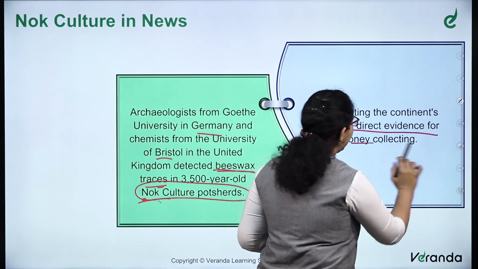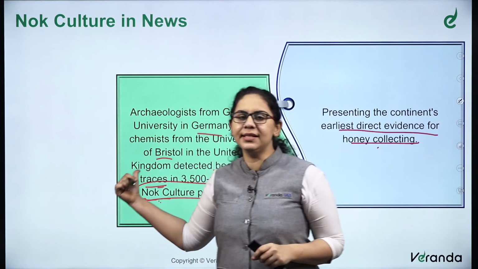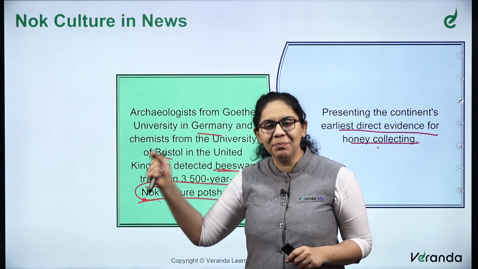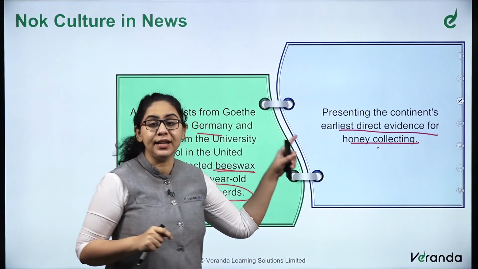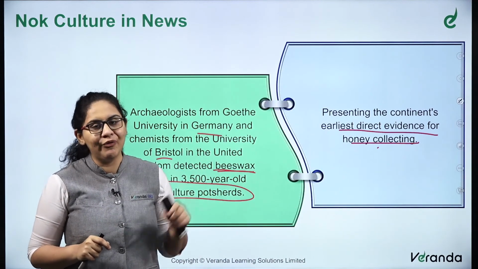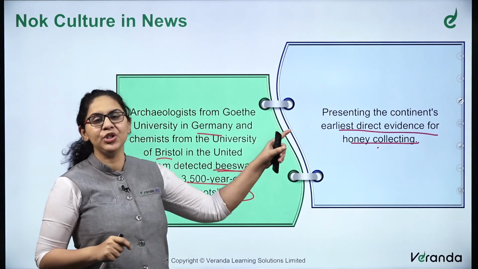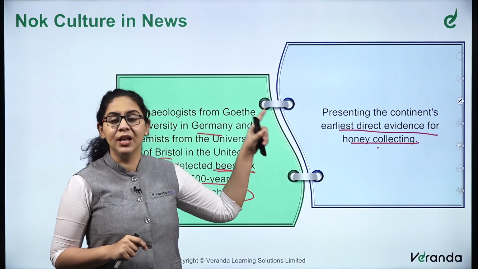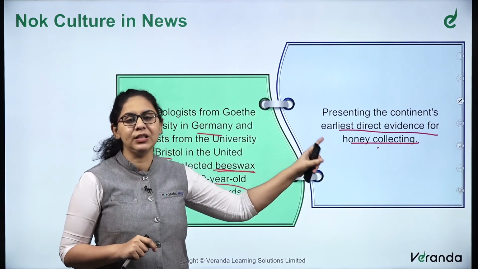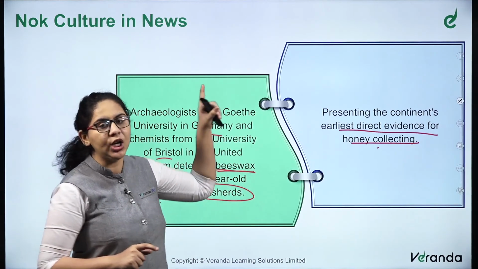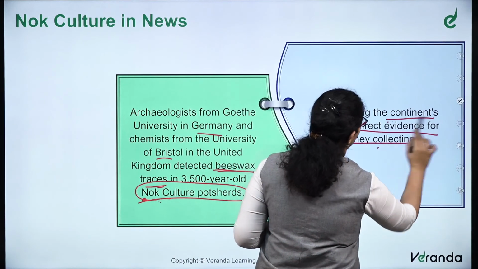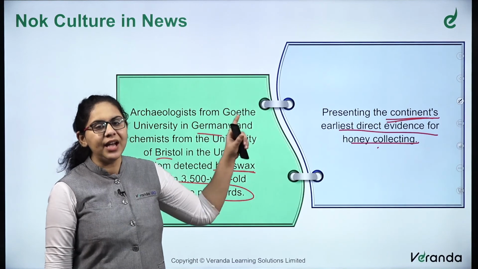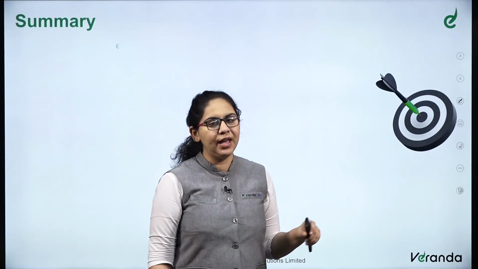With this we can say that in this study where archaeologists found that the potsherds had beeswax, it tells us that honey collection was also one of the professions boosting the economy of NOK culture during those times, and this is one of the earliest evidences for the continent of Africa. Honey collecting was popular at that time.